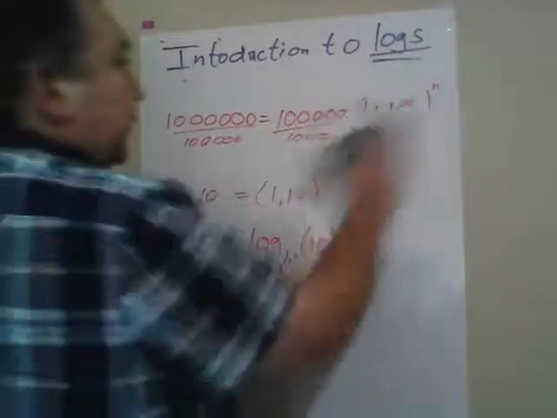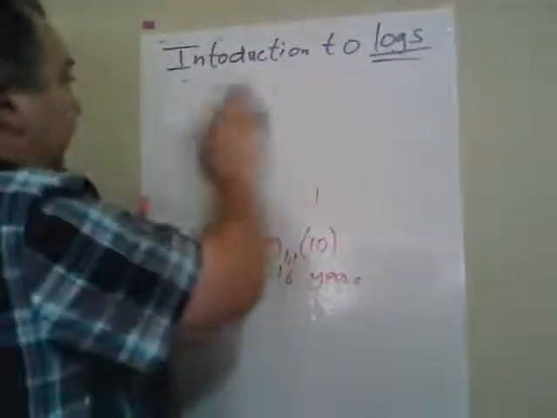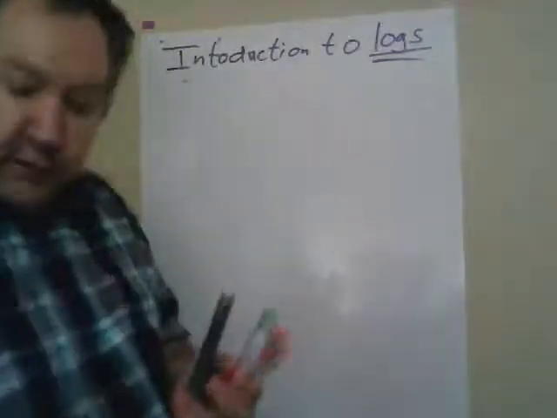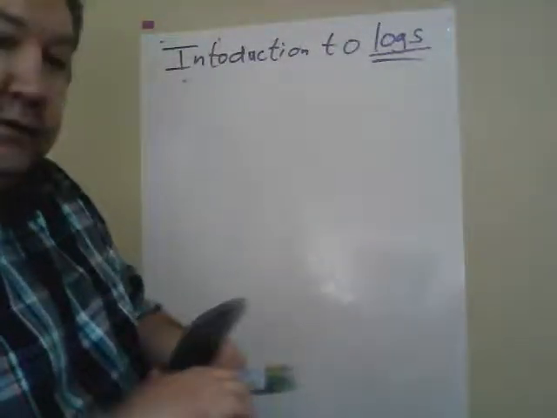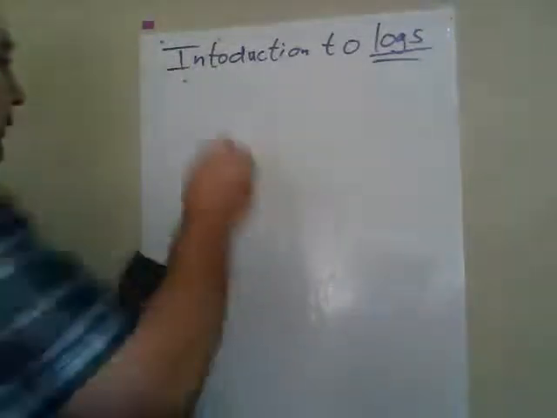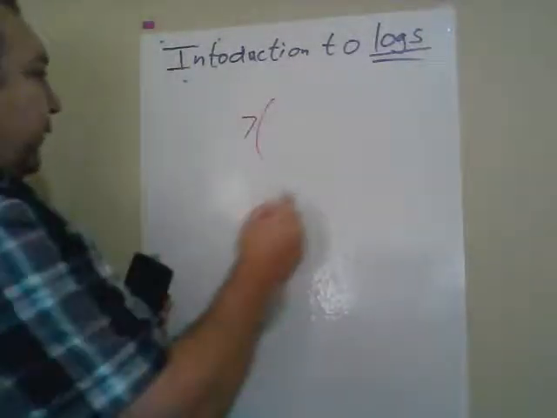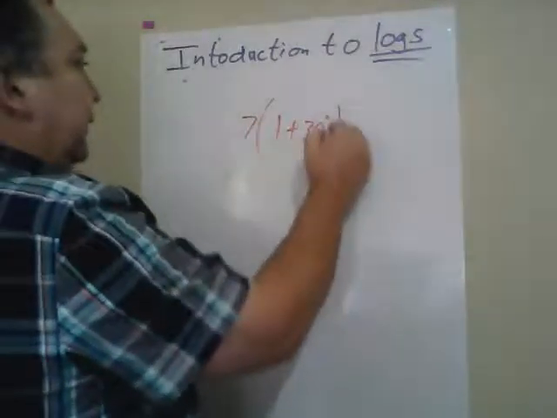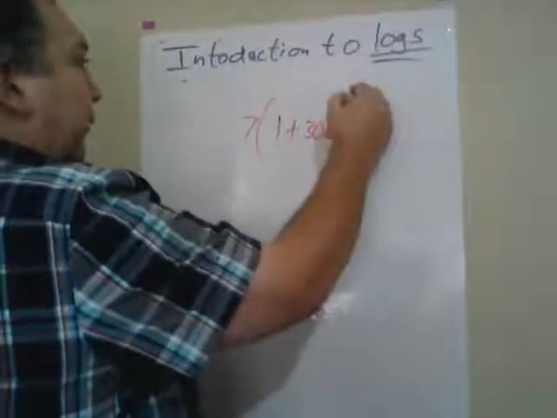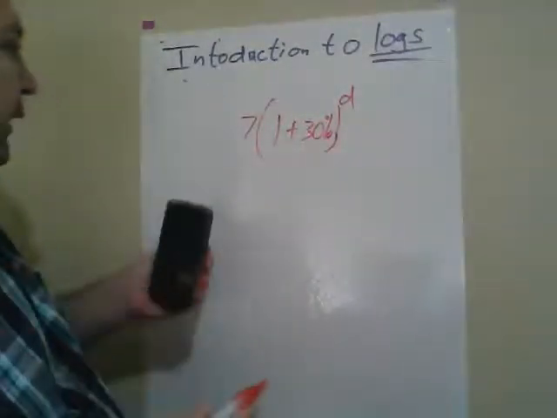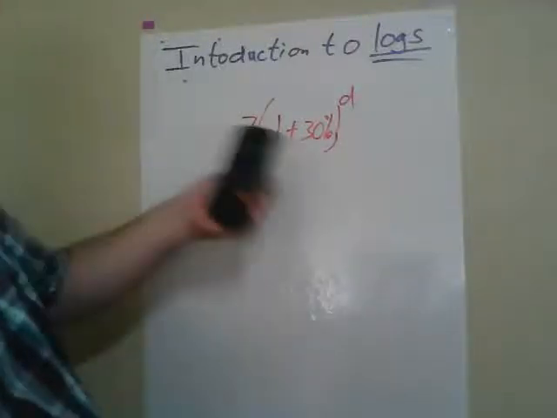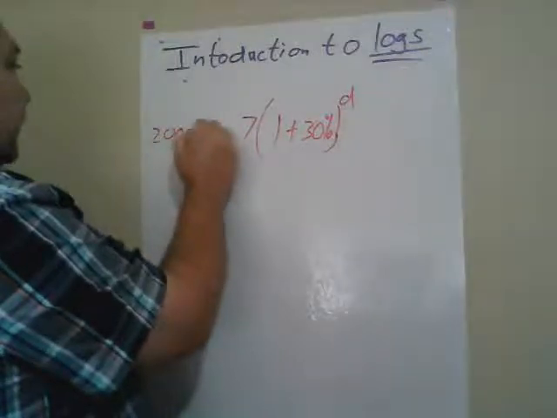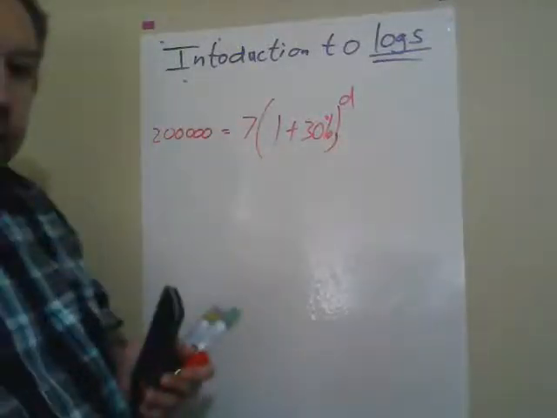This one is to do with the coronavirus or COVID-19. So we roughly find that the population infected grows by about 30% each day at the start. So let's say we have 7 people infected at the start, and it grows at 30%, and we're going to use D for days, and we want to know how long it will take for 7 infected people to grow to 200,000 infected people.